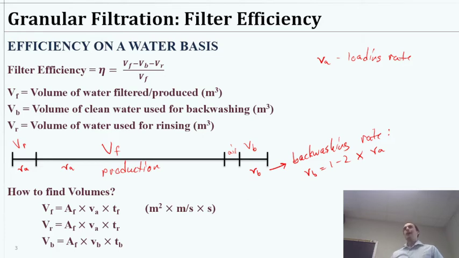Because maybe the problem's actually wanting you to solve for that, given the time and the efficiencies you've been given or something like that. Okay, and each of these, as you'll see, the units will be square meters times meters per second times time. So these units will always end up as cubic meters.